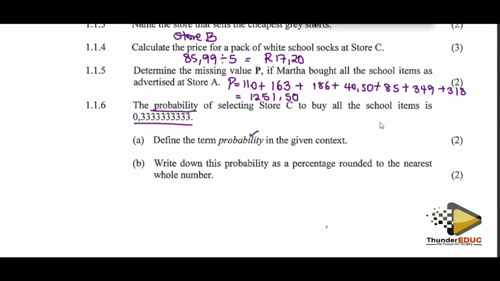So probability simply means a chance that someone chooses or someone selects.